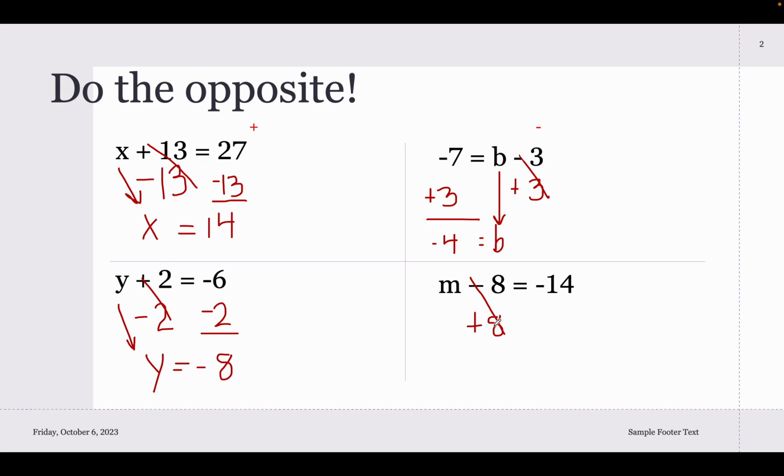When I add 8 to this side, I need to add 8 to the other side to keep things balanced out. Then I take my calculator and I go negative 14 plus 8 equals negative 6. And then I shoot my m over here.